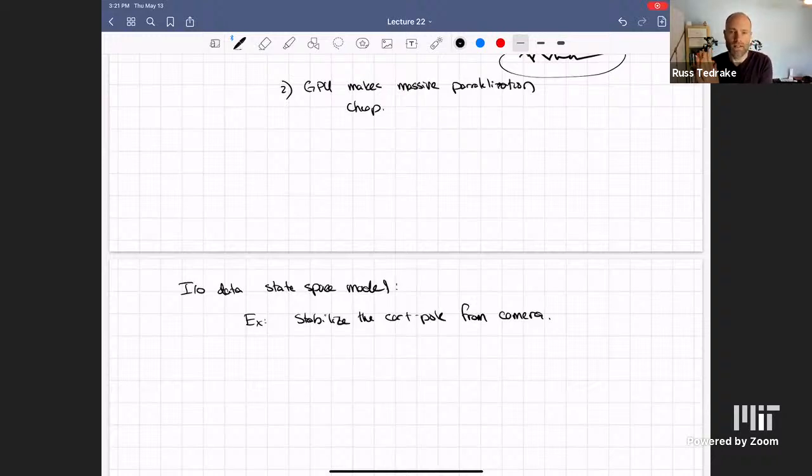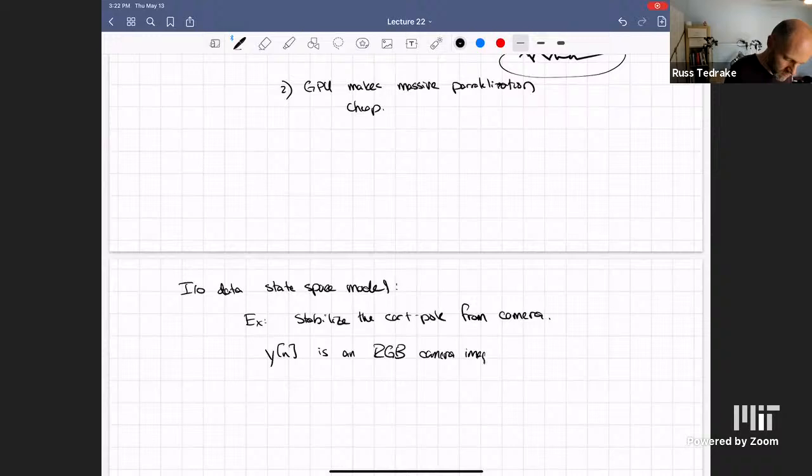There are good candidates for that. My favorite is to go into a geometric space, using something like key points. Let me see if I can show that example here. If y of n is an RGB camera image, that implies sad.